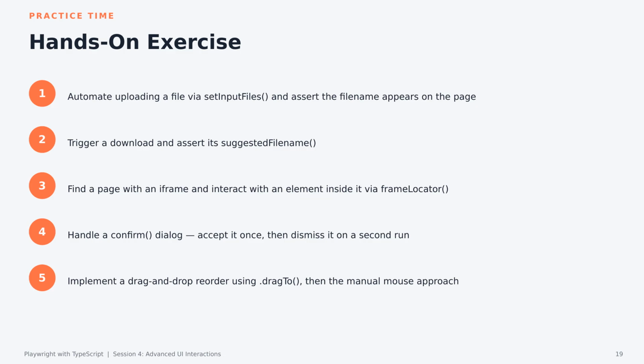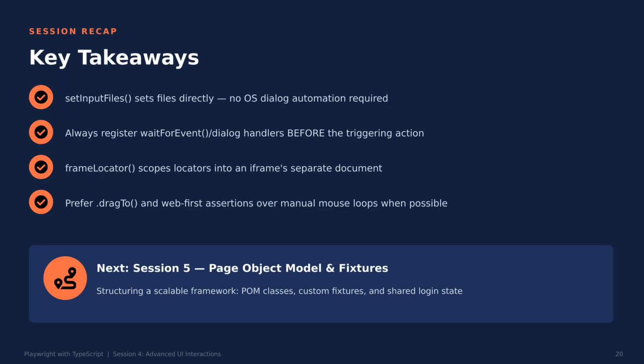Four: handle a confirm dialog. Accept it the first time through, then dismiss it on a second run instead. Five: implement a drag and drop reorder using .dragTo, and then again using the manual mouse approach, so you've genuinely done both.